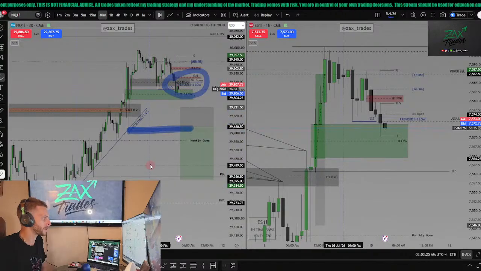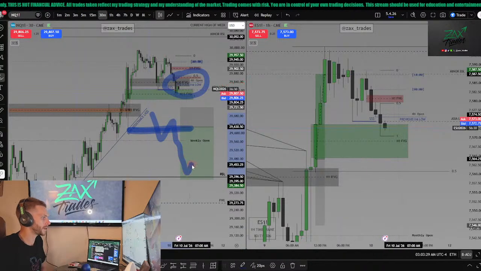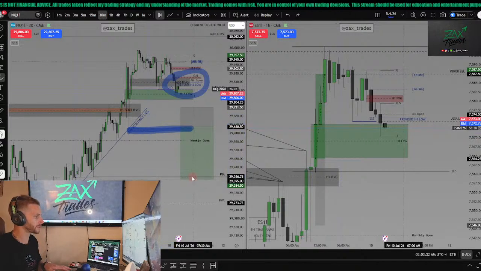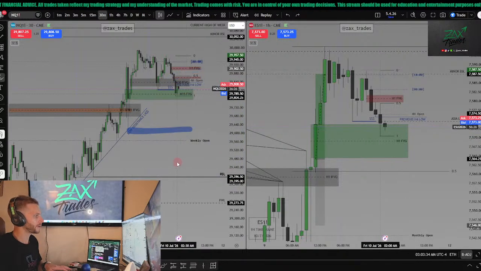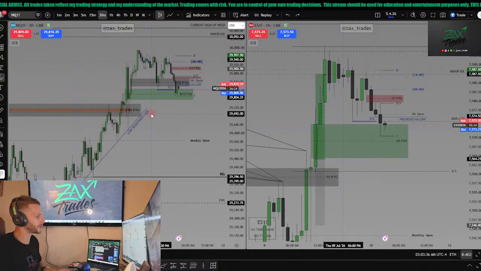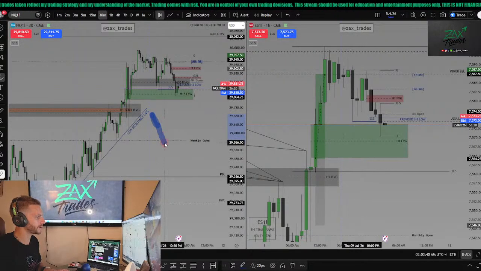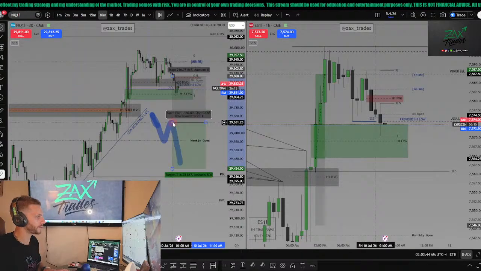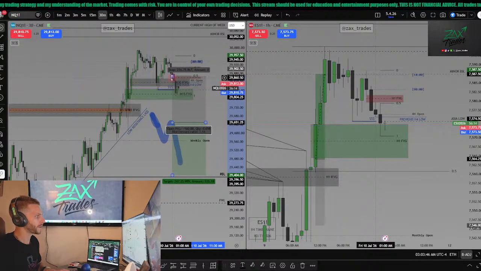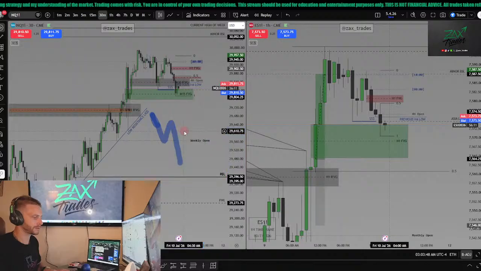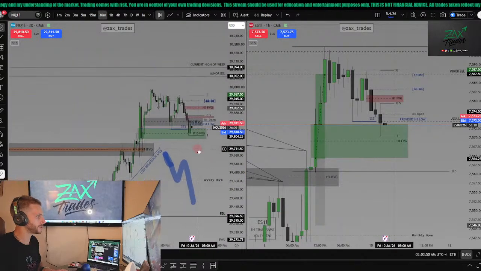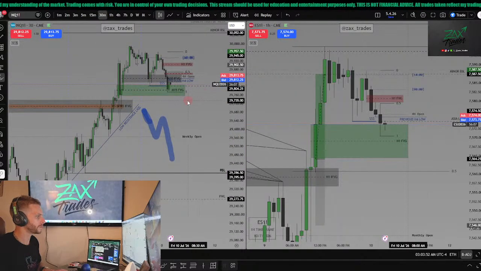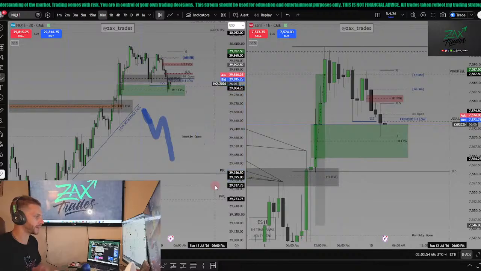Problem with that is, like I was just saying, the market doesn't really give many pullbacks as it goes through these low resistance liquidity areas, and it can be hard to find a good entry, because a lot of us like to do a continuation trade like this and short off that pullback, right? It's hard to find those because it will dump through it so fast.